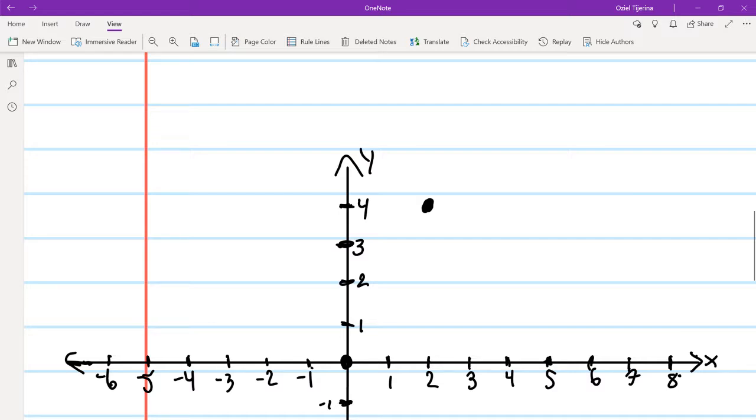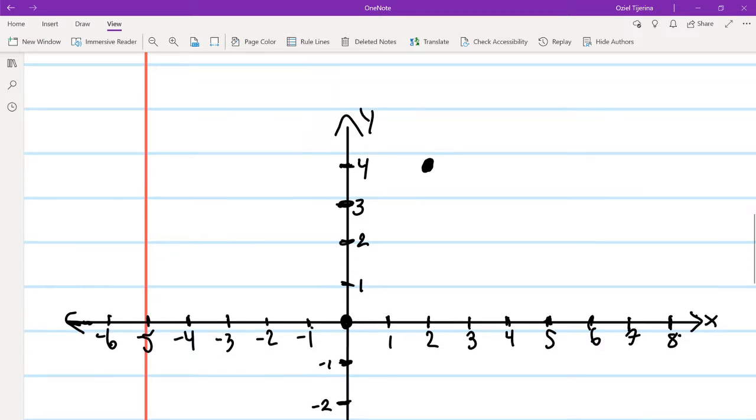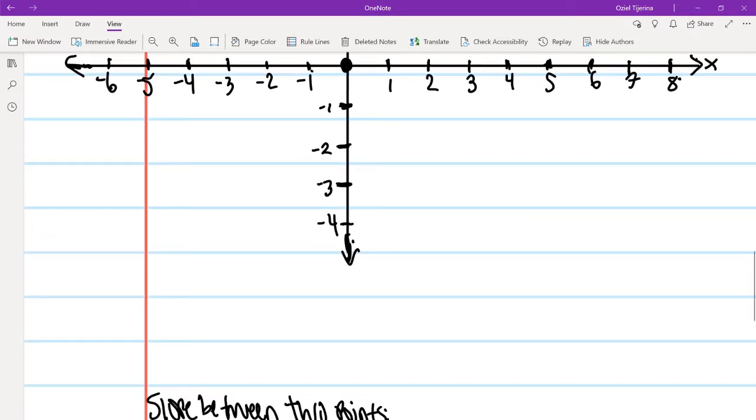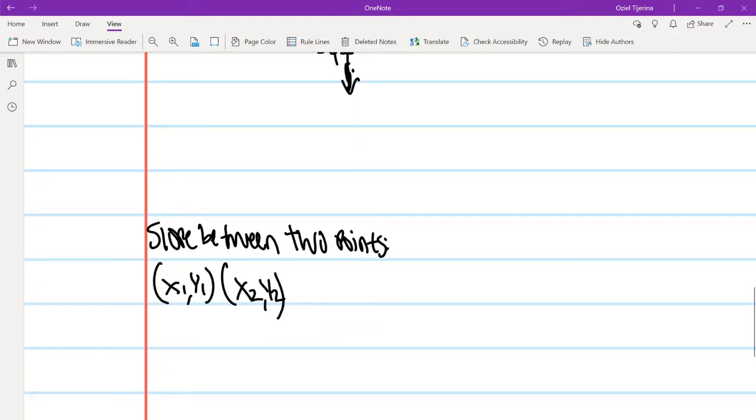Give me a second, guys. So in a linear equation, there's usually 2 points, and the way that you find the slope is if you have 2 points.